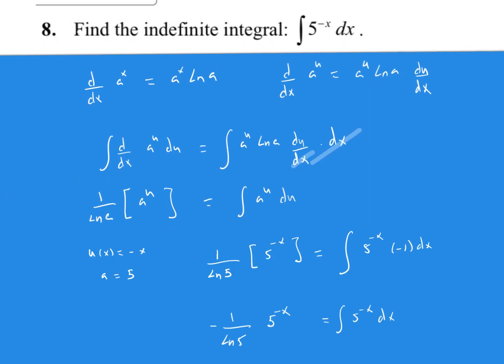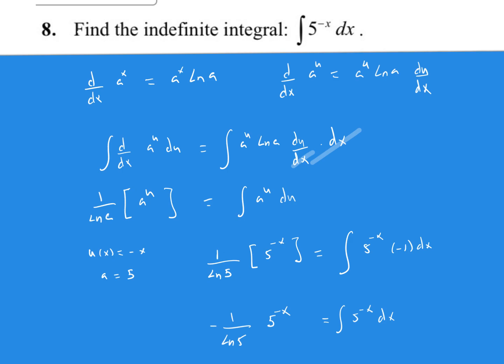So to apply this equation, we have that the u of x is minus x, and the a is 5. So I will write this equation in terms of what is a and what is u.